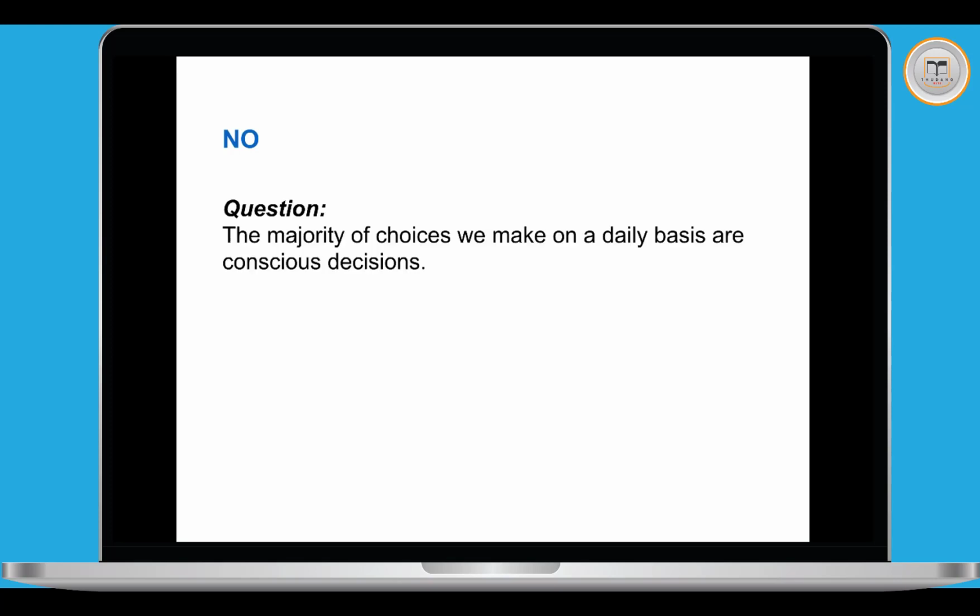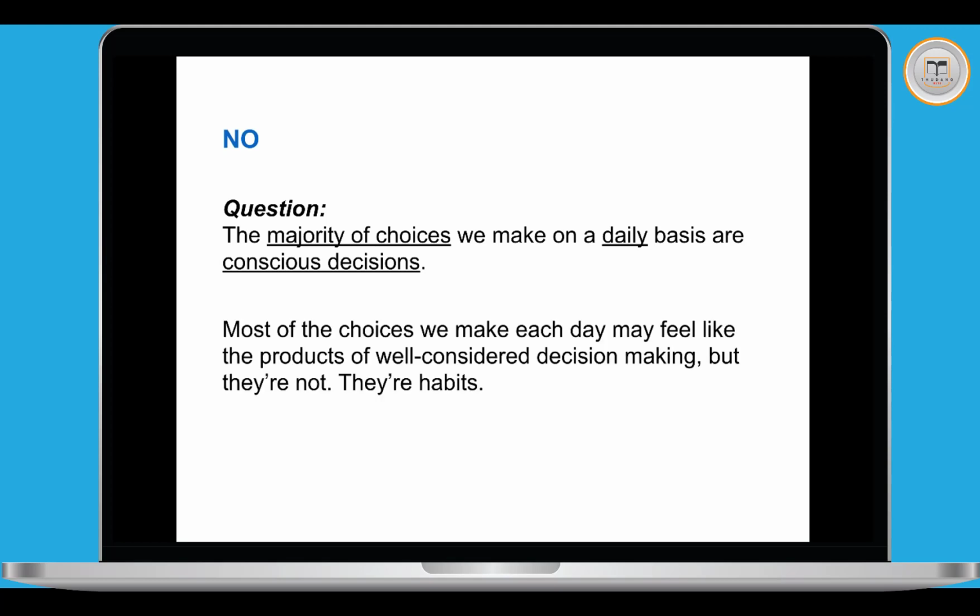Again, it's just the same as a false answer, but it's going to be about a writer expressing views or opinions. Here's the question. The majority of choices we make on a daily basis are conscious decisions. I've underlined majority of choices, daily, conscious decisions. Let's go to the passage. Most of the choices, well, I can underline that already.